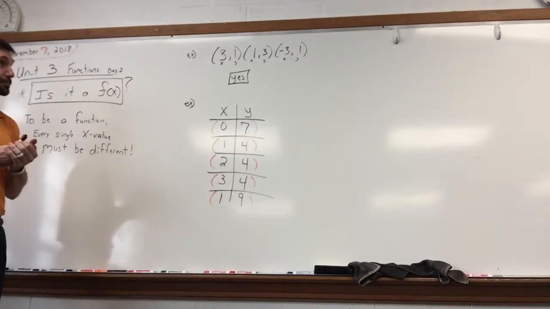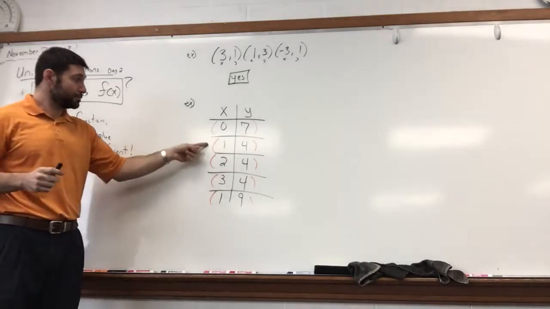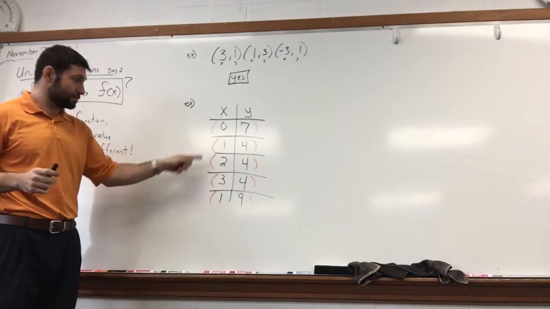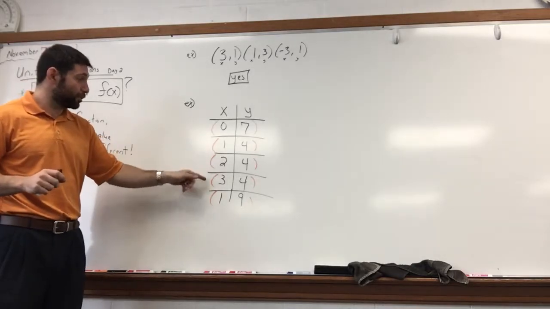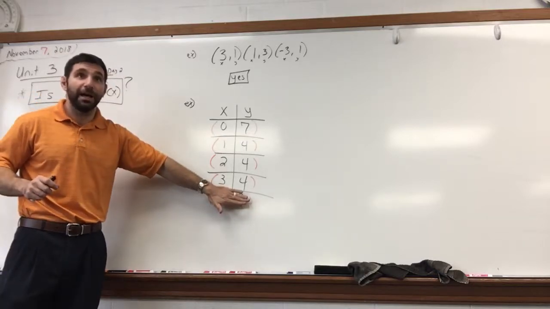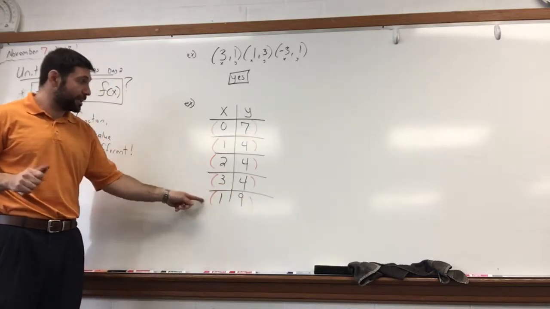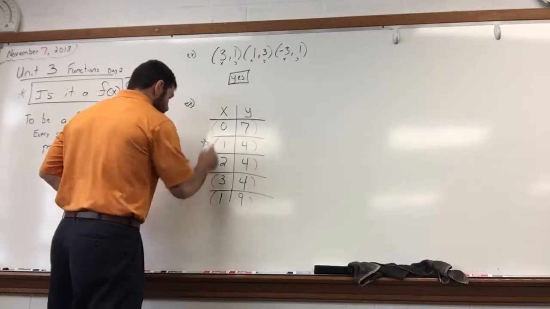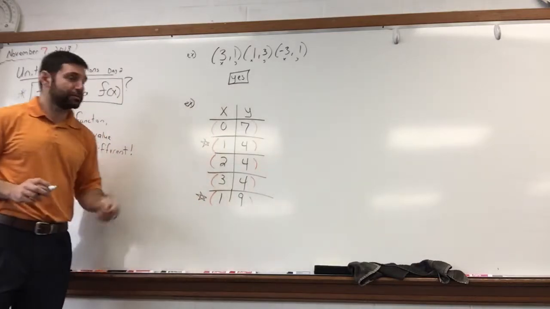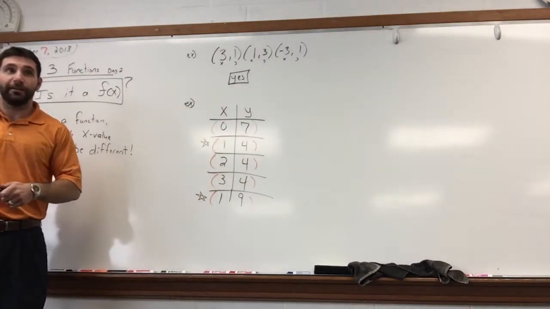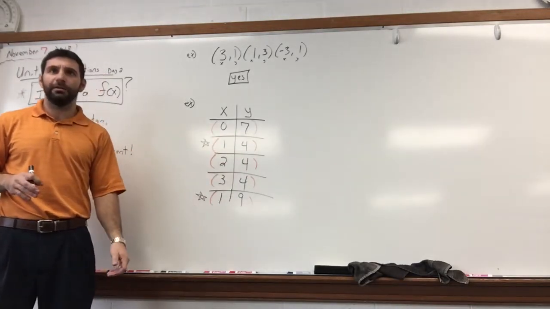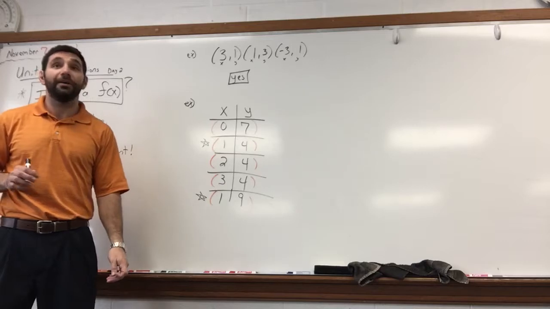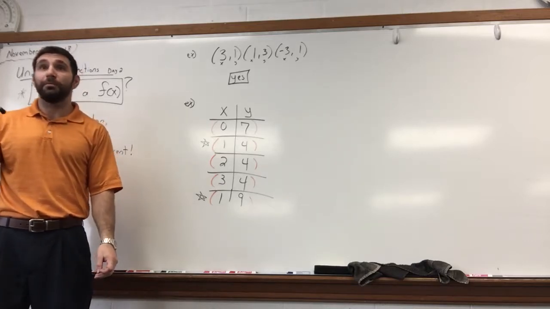Because there are two 1s in the x value, and when there's a number repeated, it can't be a function. Only the x values matter. So 0, 1, 2, 3: if I stopped right there, is that a function? Absolutely. But because there is this 1 and this 1, it is not a function. Does it matter that these 4s are repeating? No. The y values do not matter.